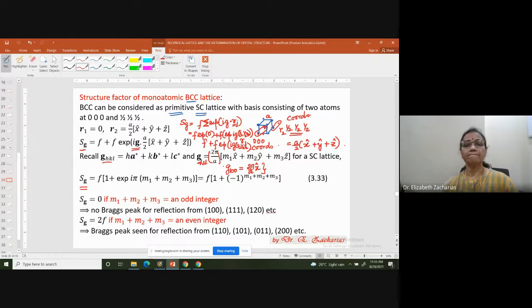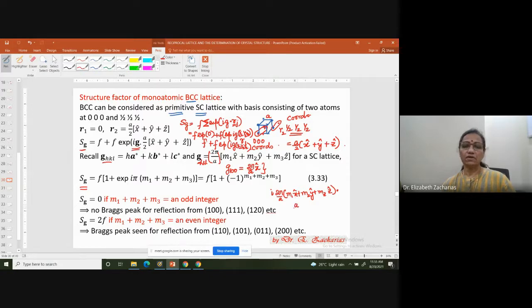Okay? Or if you want, I'll just do this and show. You're going to get I into G is 2 pi by A M1 x cap plus M2 y cap plus M3 z cap dot. You already have your R1.